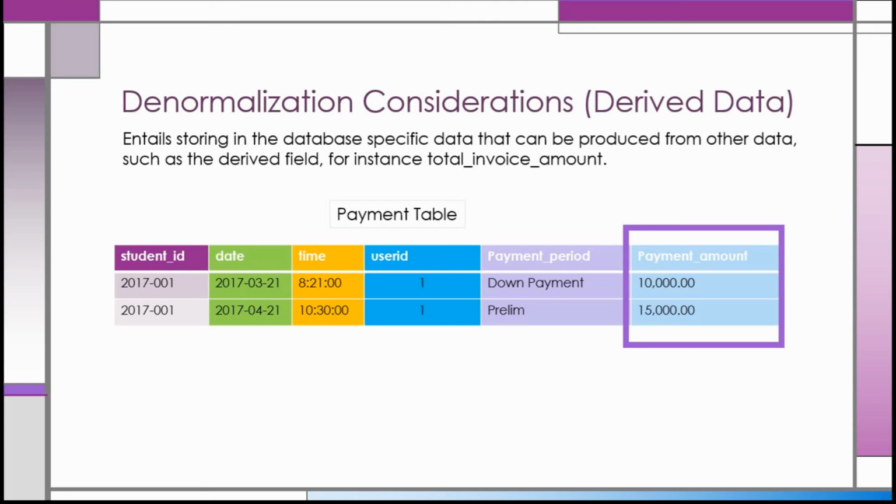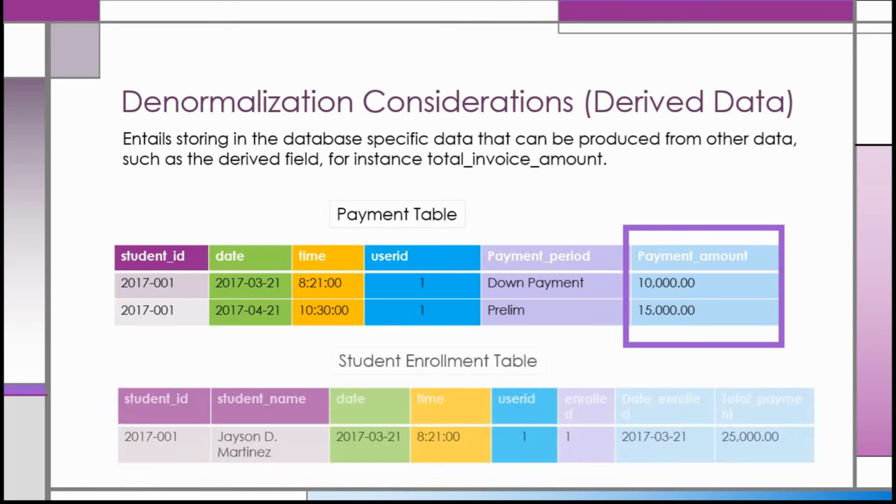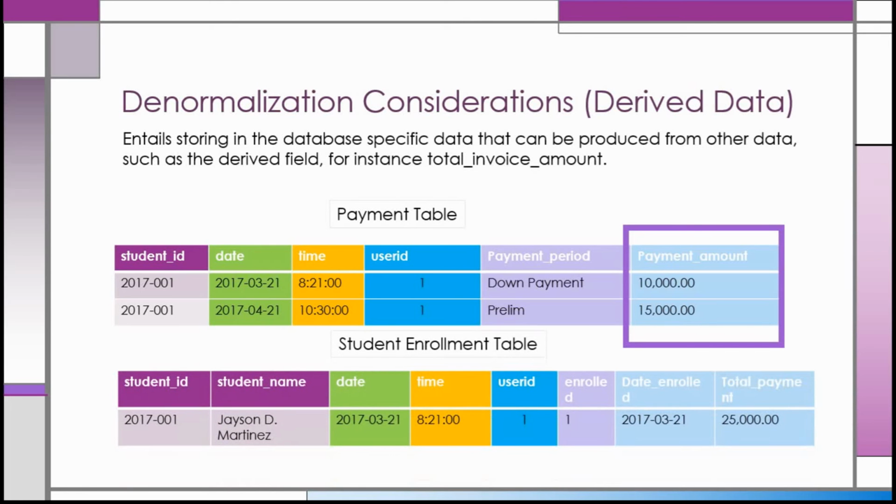The derived data will be presented on the student enrollment table, where we can place the total payment so that we don't need another query combining the payment table or getting the sum from the payment table. So here in the student enrollment table, we can easily get the total payment amount that the student already paid for this semester.